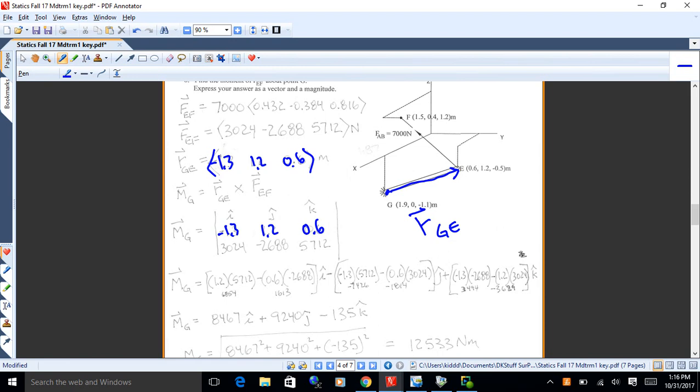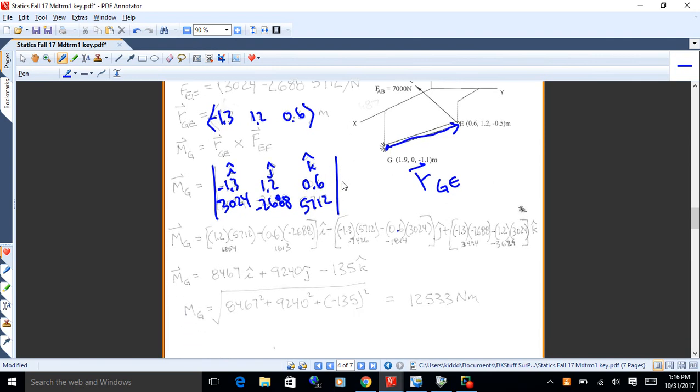So we want the position vector, and then you cross that with the force vector, which you used on the last problem, so you've got it right there. And then we've got I, J, K. Just do a cross, and you'll come up with the moment vector.